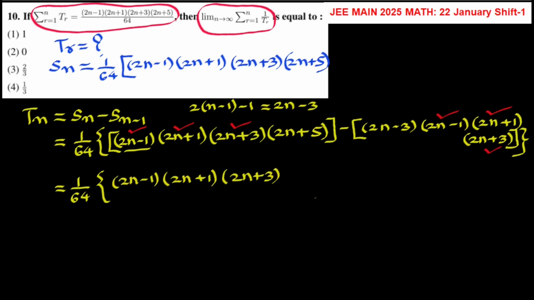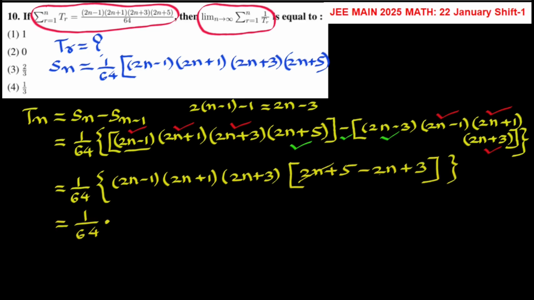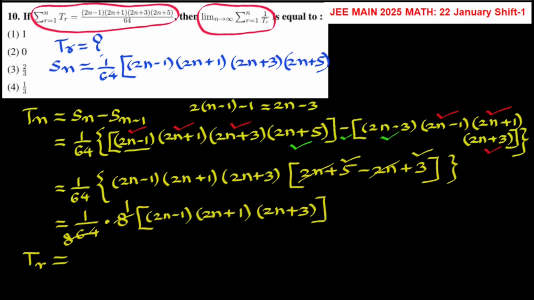So it will be these 3 common terms into this (2n plus 5) minus this (2n minus 3). That will be 2n plus 5 minus 2n plus 3. 1 upon 64 into, cancelling this 2n, 5 plus 3, 8 into these common terms. So Tn will be the product of these 3 terms upon 8.